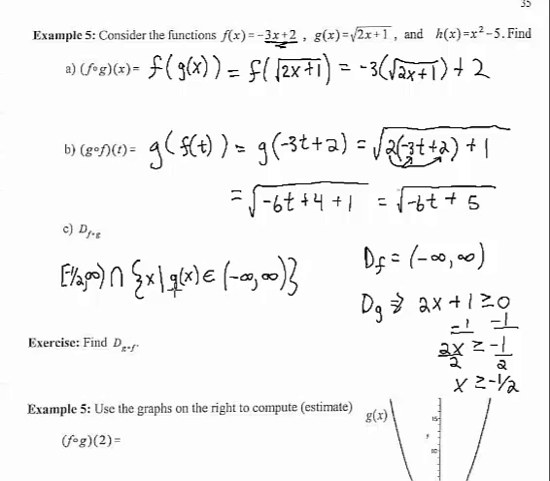So by design, g of x is a real number. And so what we get is basically the domain of f composition g is equal to negative 1/2 to infinity.